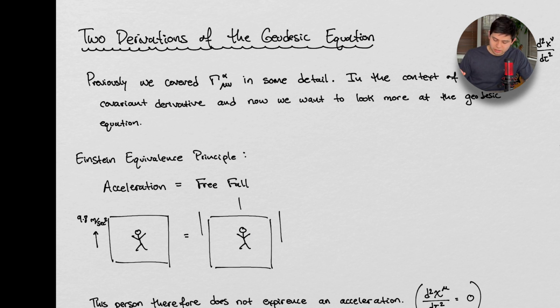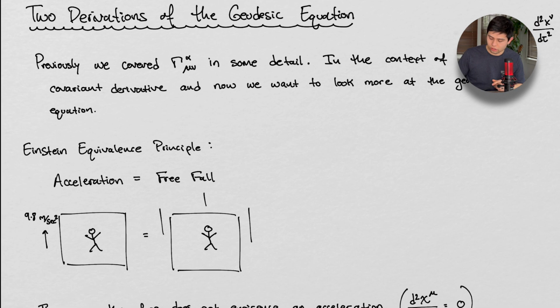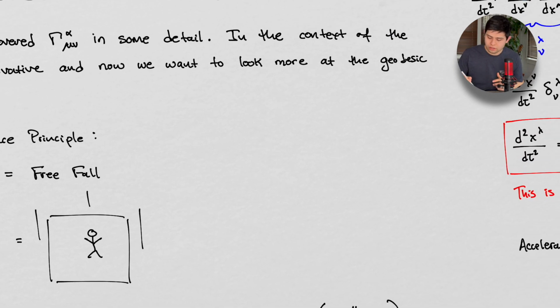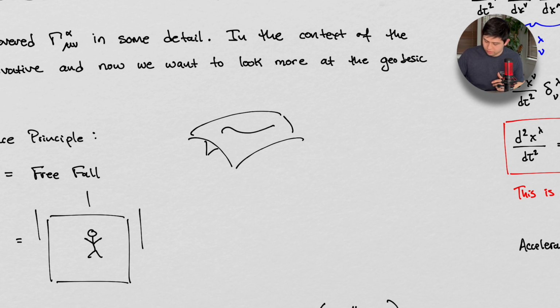So we're talking about two derivations of the geodesic equation today. The whole idea here is that geodesics are the paths on a manifold. So say we have some manifold, and that manifold has some path on it, okay?